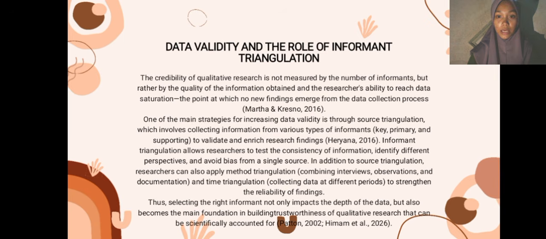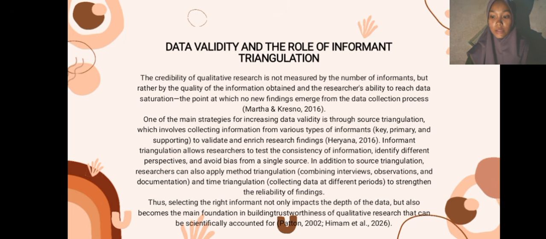One of the main strategies for increasing data validity is source triangulation, which involves collecting information from various types of informants to validate and enrich research findings.